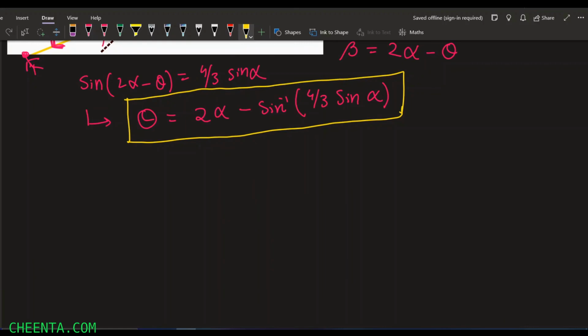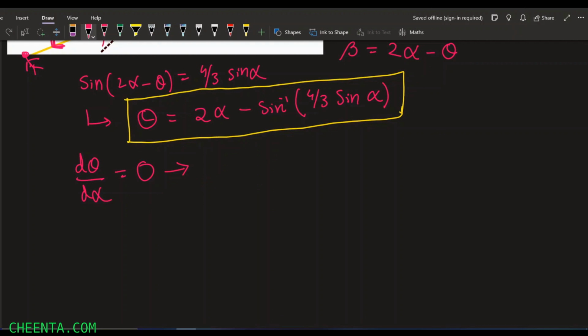So now we need to find the maximum of this function. To find the maximum, we will use what we normally use, that is, we will differentiate it with respect to alpha and set it equal to 0. You can check whether it is maximum or minimum by doing the second derivative, but in this case I have shown you the graph and you know it is a maximum.